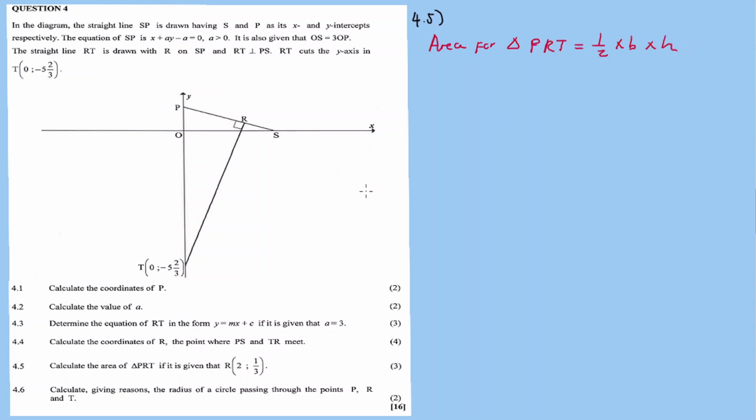In fact, for any triangle it's half base times height, if the triangle is a right angle triangle. If it's not, apply the area rule. So lana, this is a right angle triangle.